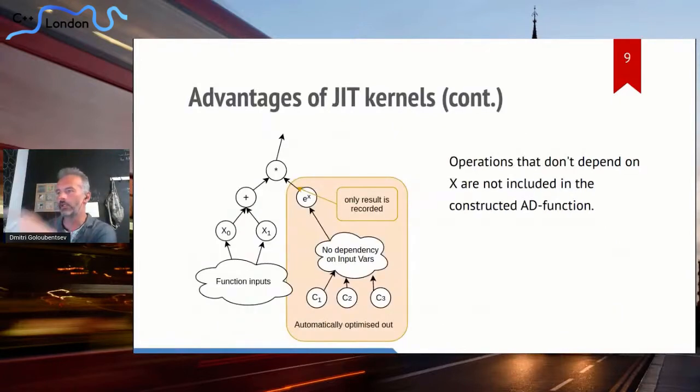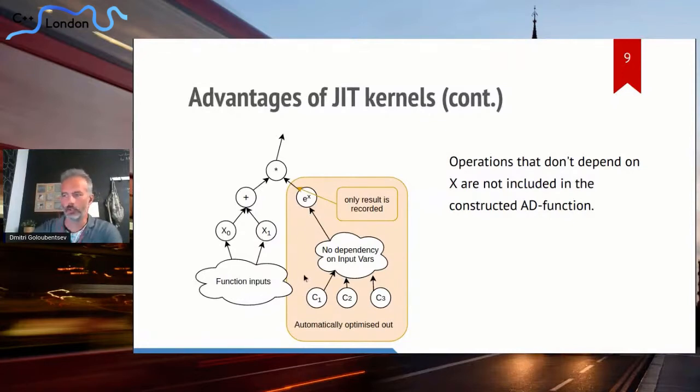Now, here is a good observation about what is also now possible. When we're building these kernels, we can declare what our inputs are, and when we execute the original user function, some of the calculations executed by the original function are not directly or indirectly dependent on function inputs.